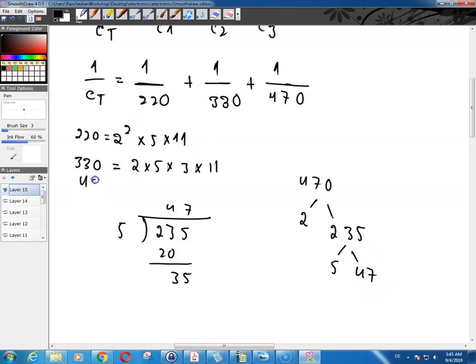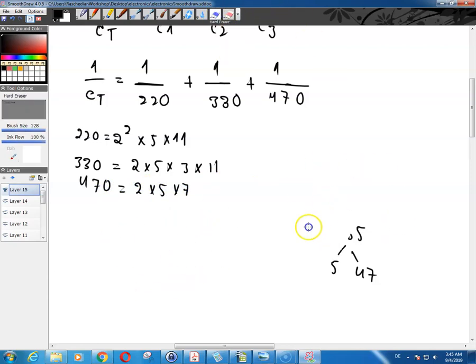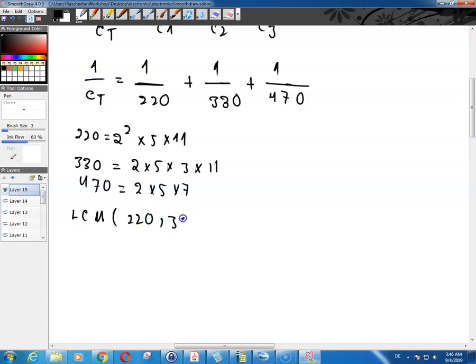So you can write 470 as 2 times 5 times 47. Now, the LCM of 220, 330 and 470 is a number that contains all of these numbers, but no unnecessary factors.